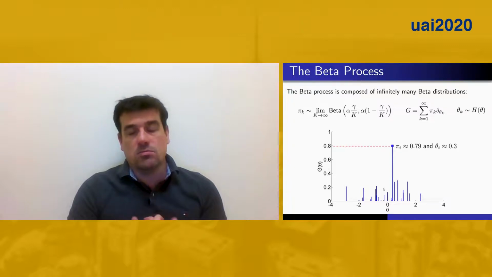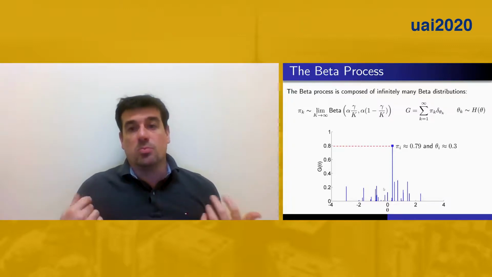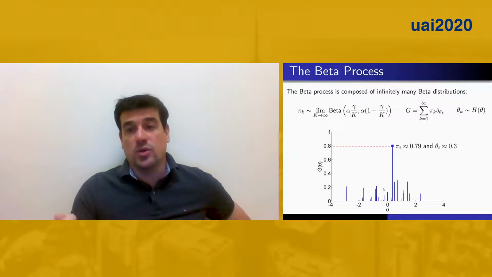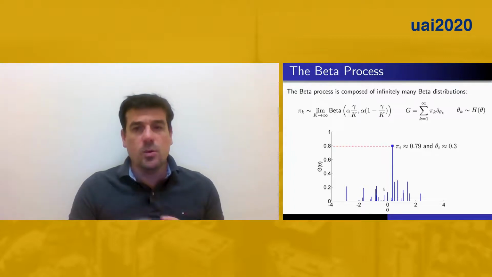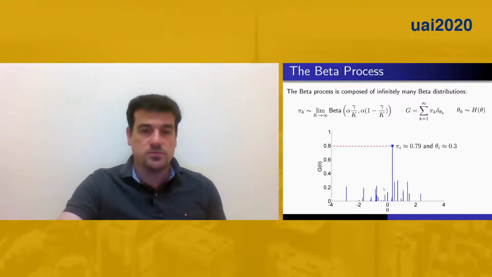This can be thought of as the probability of some event occurring, and this event is the event theta k. And we will reuse this construction, the pi k and the theta k, to construct a probability over DAGs.